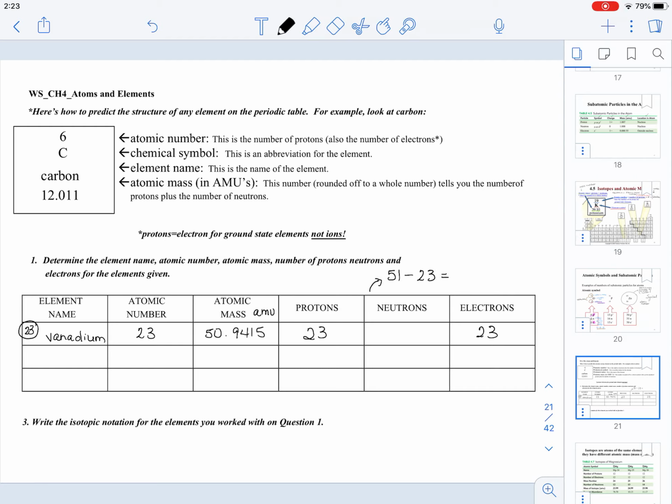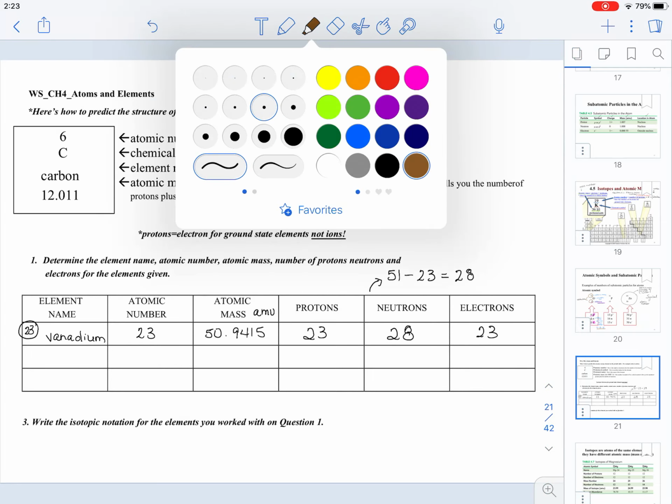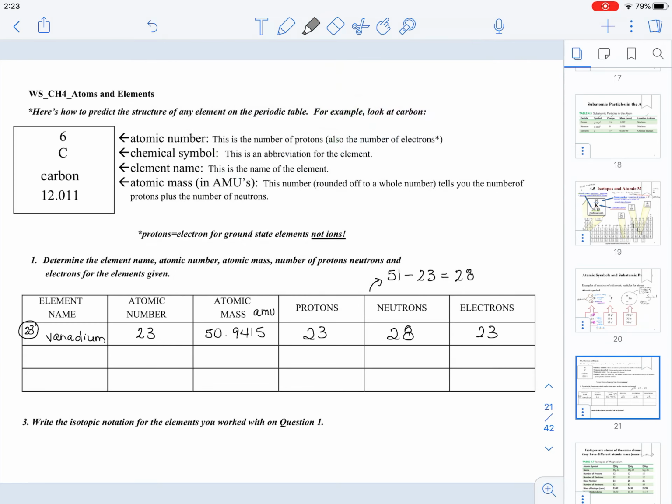Okay. And when I do this, 51 minus 23 is going to be 28. Okay. So vanadium specifically has 28 neutrons. And again, that 51, I just want to highlight it. This 51 comes from rounding this number to a whole number. Okay?